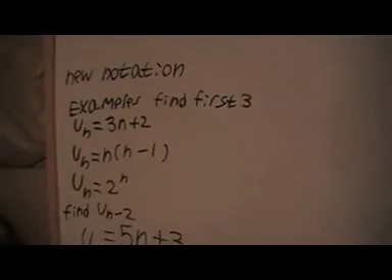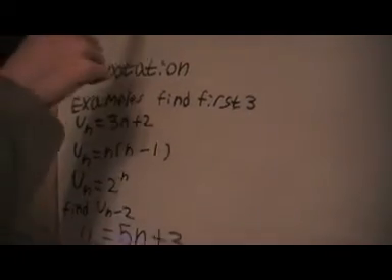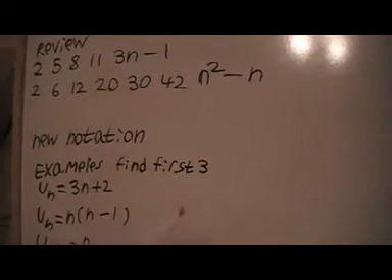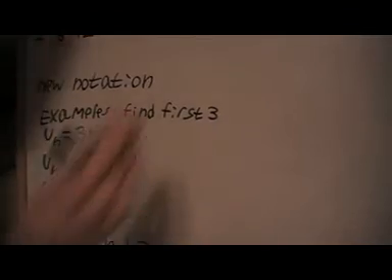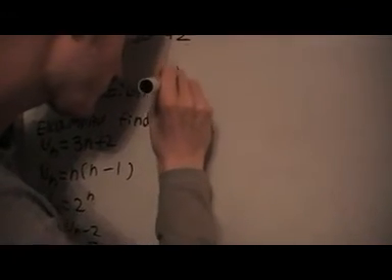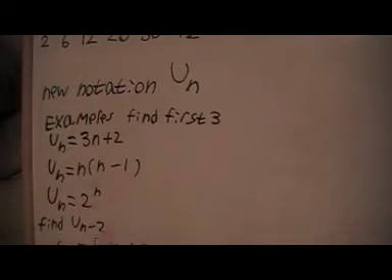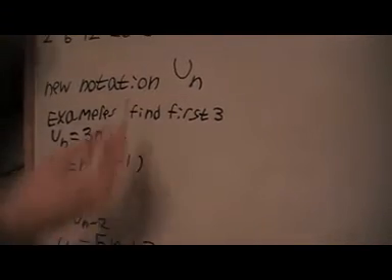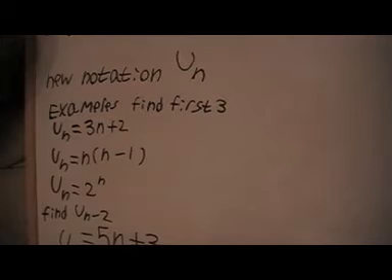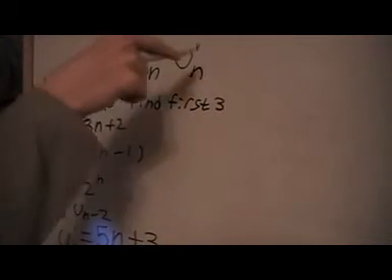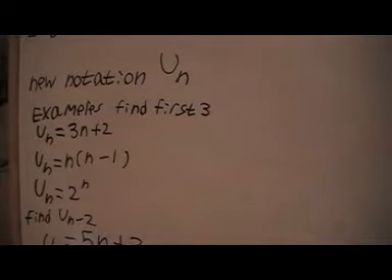But the problem is this isn't really very good, so we're going to introduce a new notation here. We're going to have the term be u, and then a little n down here. That's the new notation that we're going to use, just so you can write it more as a formula.